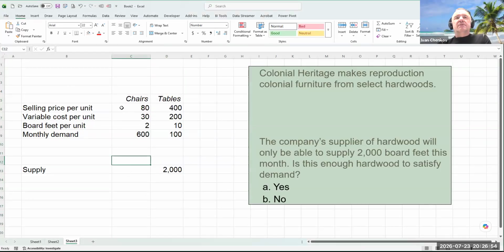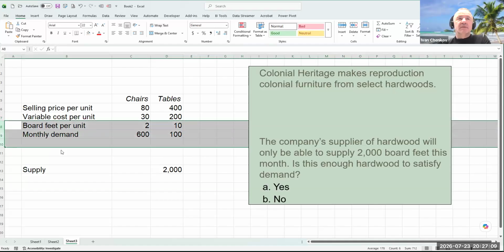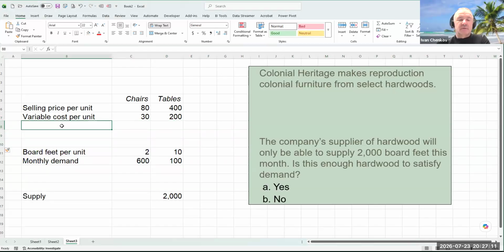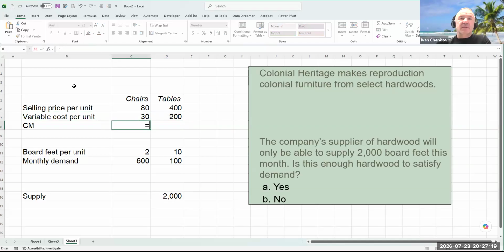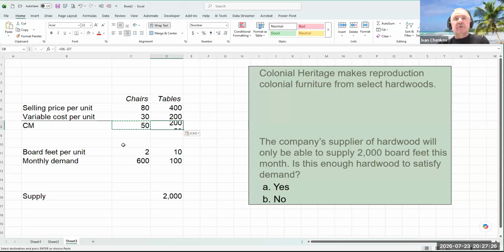Okay, selling price per unit is $80 for the chairs, we have tables which are selling for $40. Variable cost, $30 for the chairs, $200 for the tables. At this point, we can easily calculate the contribution margin. And the contribution margin for the chairs will be $50 per chair and another $200 for the tables.